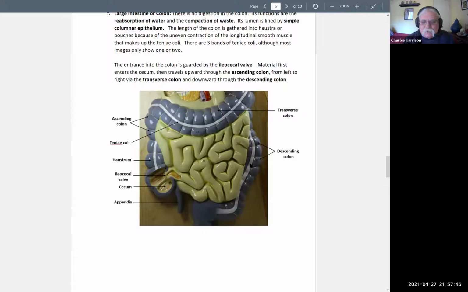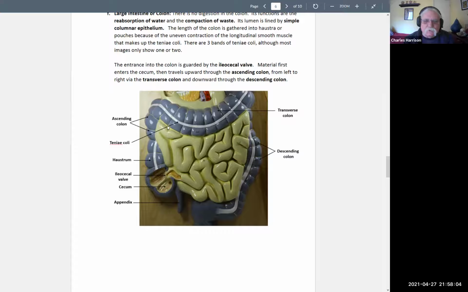This white line or gray line, whatever color it is, is meant to be a band of smooth muscle called the teniae coli. There are 3 such bands. You're only seeing one. Where are the other 2?